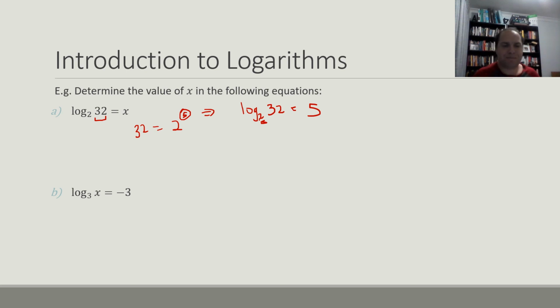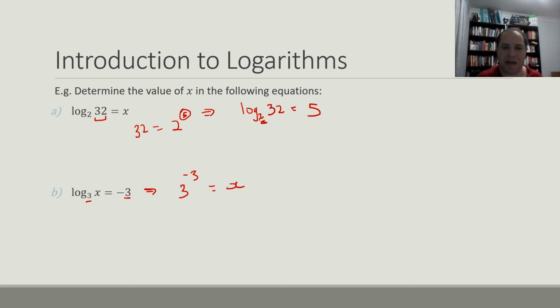This one here, we've got log base 3 of x equals negative 3. Now let's rewrite that one. So we've got a base of 3, a power of negative 3, and that should equal x.